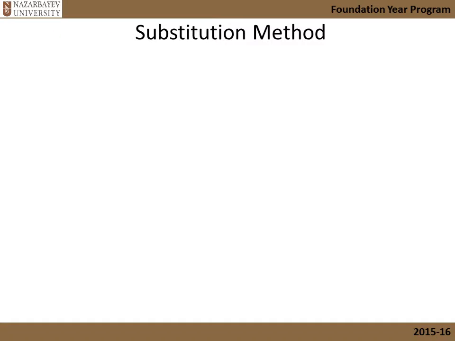Let's study the substitution method. If our integral can be recognized as the following function, so we can see u to the power of n and the derivative of u, which is du over dx, then we can express this integral as the integral of u to the power of n du.